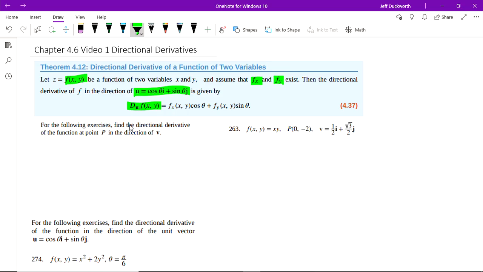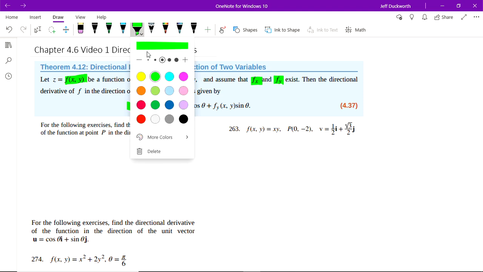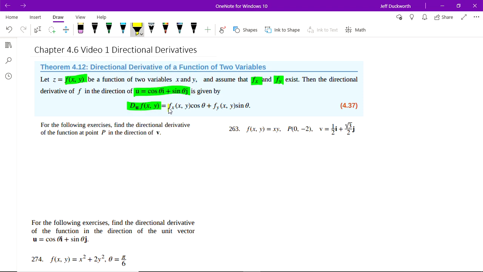This is going to equal the partial derivative with respect to x of that function times cosine of theta plus the partial derivative with respect to y of that function times sine of theta. Essentially this theta is going to be on the xy plane going in a counterclockwise direction, similar to what you would see with the unit circle.